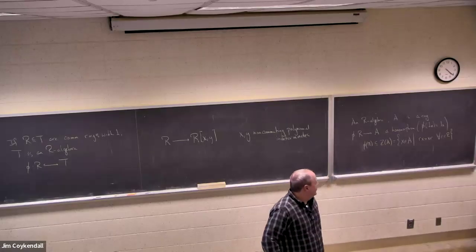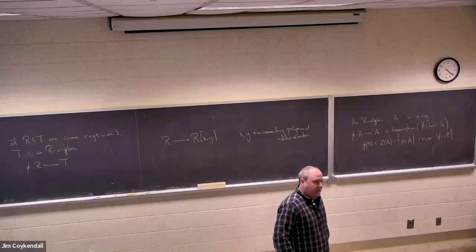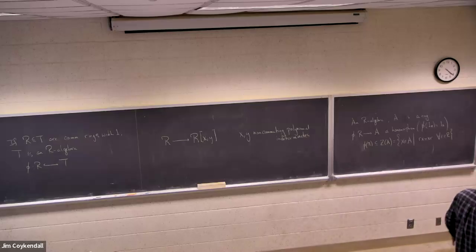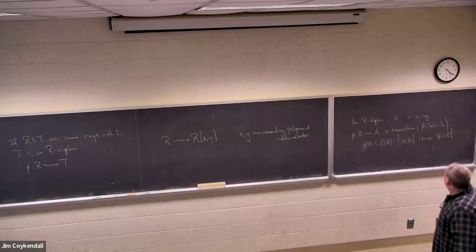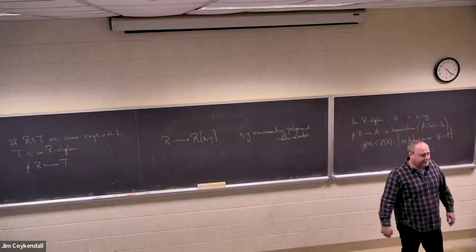And notice that, of course, 0 is in the center, the identity is in the center. And so at the very least, this is a subring, but it's fairly easy to see that if x and y are in the center, so are their sum and product. So the center will at least contain the subring generated by 1.